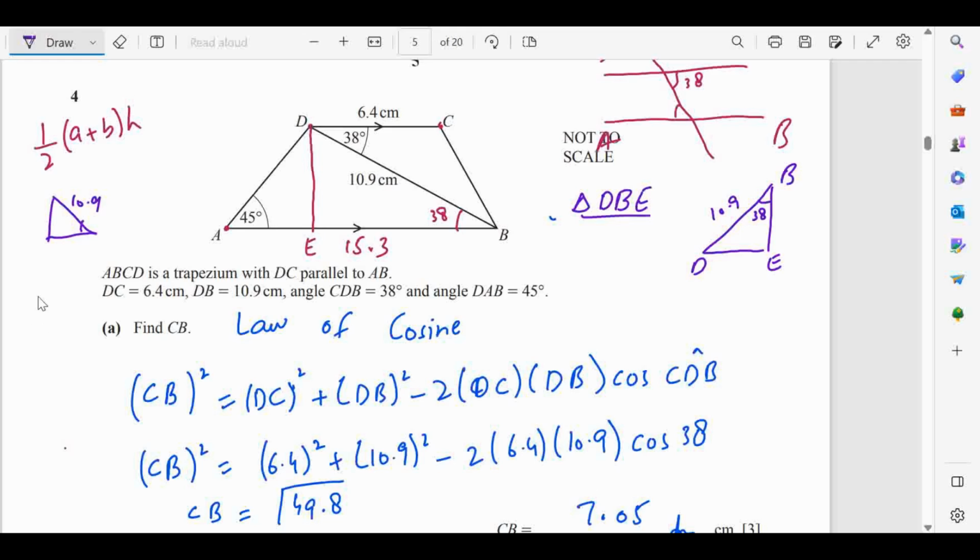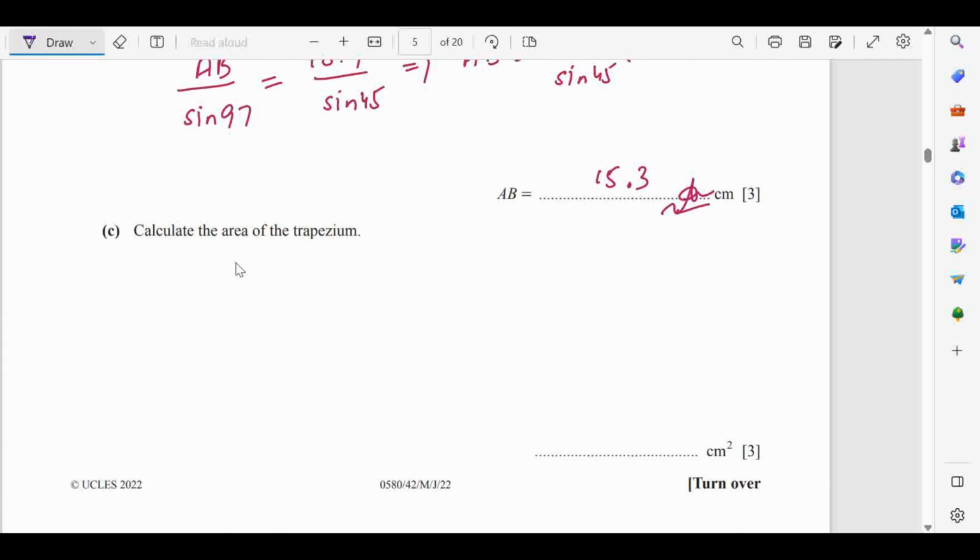So sine of 38 will be equals to perpendicular by hypotenuse. We can clearly see that we have the diagram like this, this point is D, this point is B, and this point is E. This angle is 38 and this one is 10.9, and we need to find out this height.